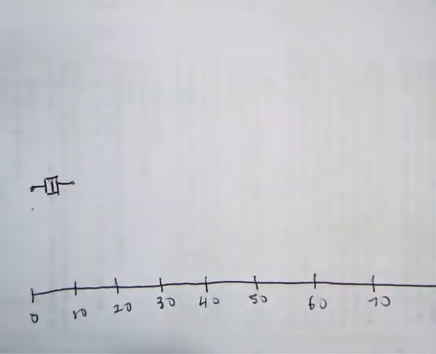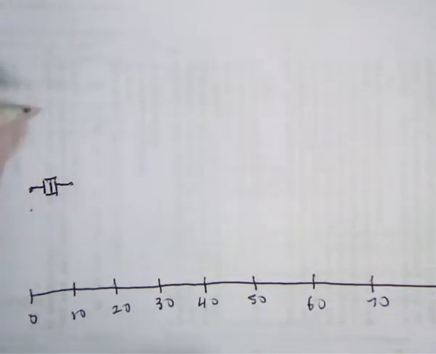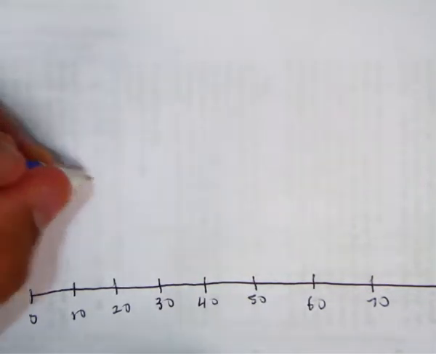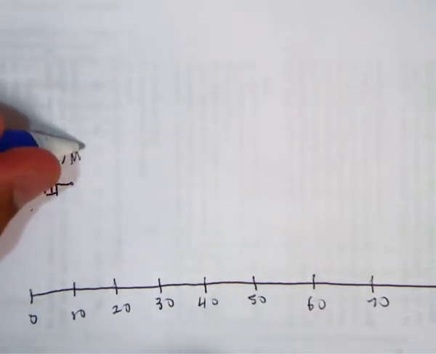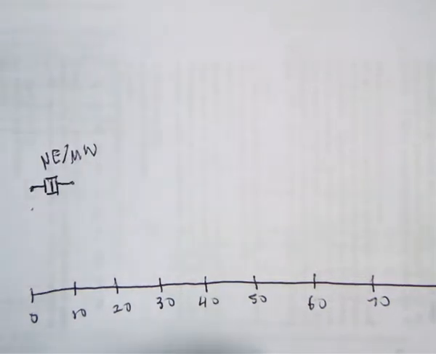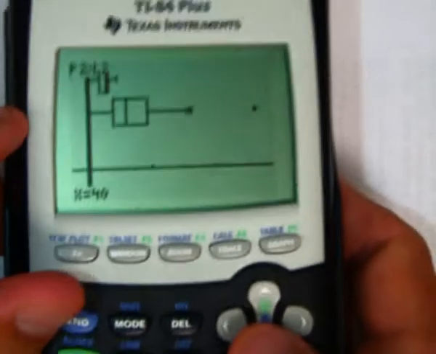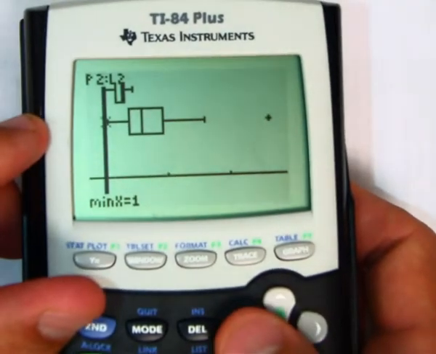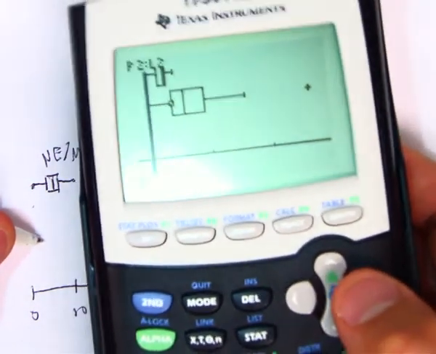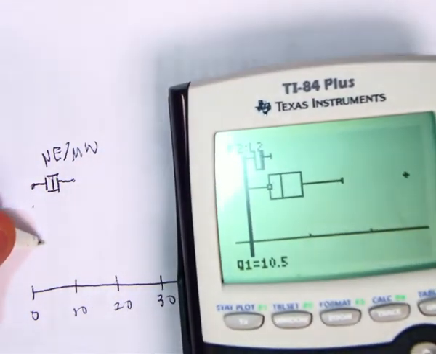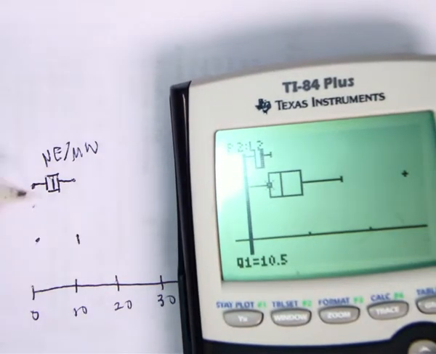So this is my northeast slash Midwest states. Then I go down to the second box, and I pull off my 5 number summary. The min is 1, so I put a 1 there. Q1 is 10.5, so I make my box.